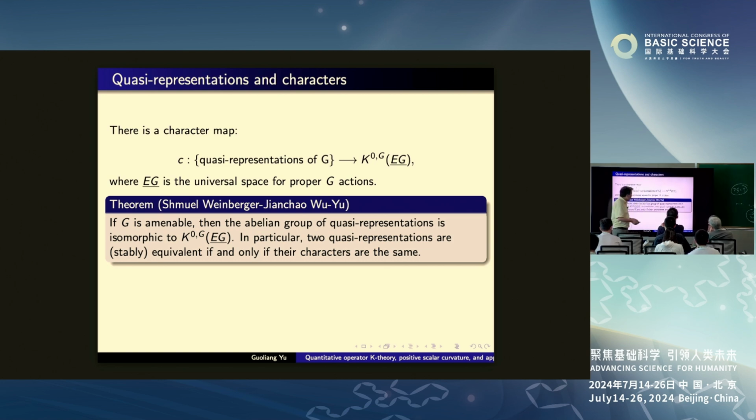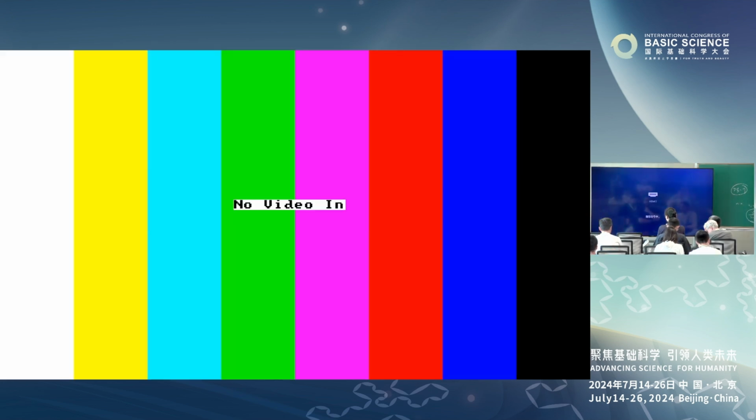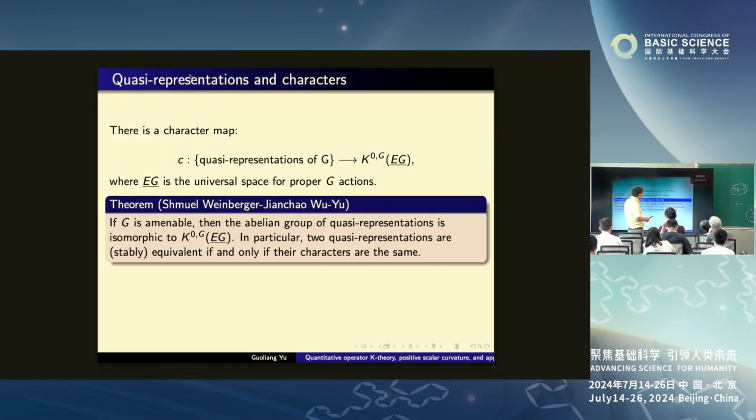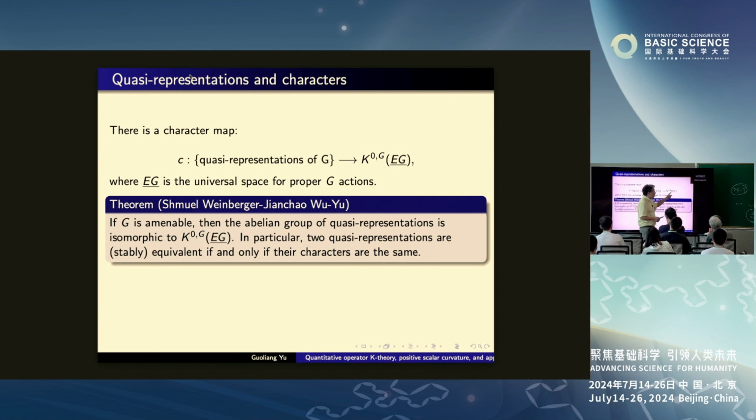So coming back to the question, in particular two quasi-representations are equivalent if and only if the two vector bundles are equivalent. For vector bundles, we have a lot of tools. Now, whether a quasi-representation is equivalent to a true representation, in K-theory this amounts to asking if the corresponding K-theory class over the universal space is equivalent to a flat bundle.